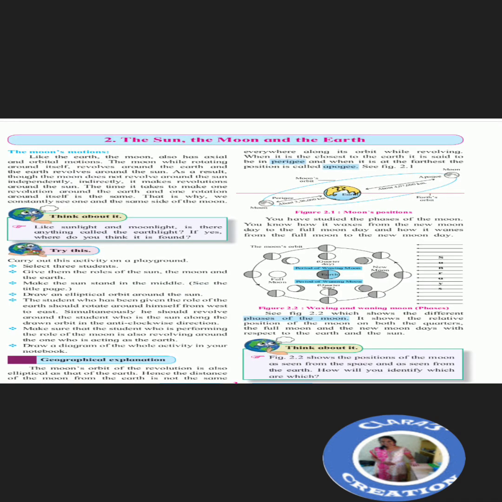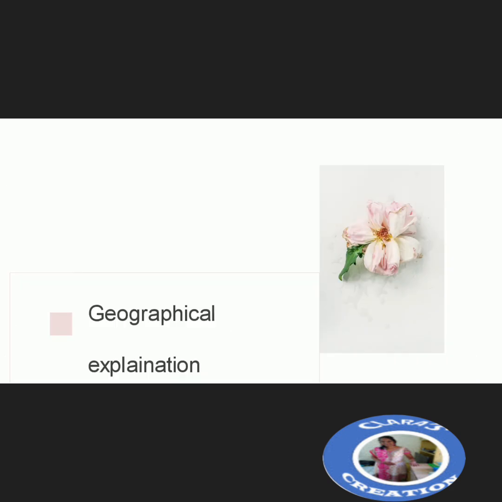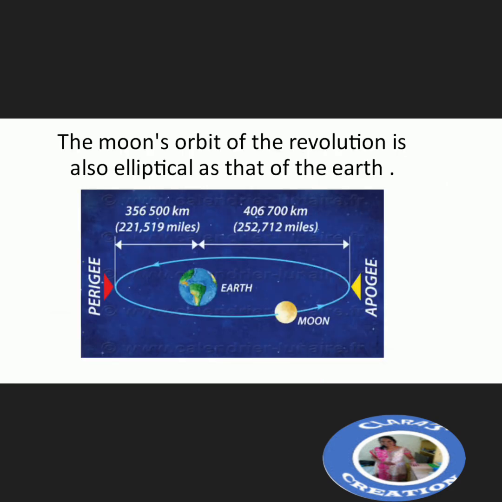Here is an image of the lesson from your textbook, a geographical explanation of the picture that we saw. The Moon's orbit of revolution is also elliptical, as that of the Earth.